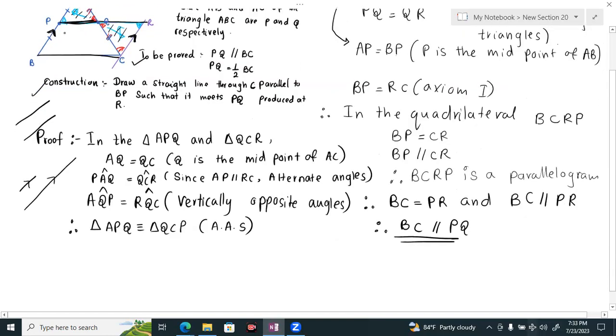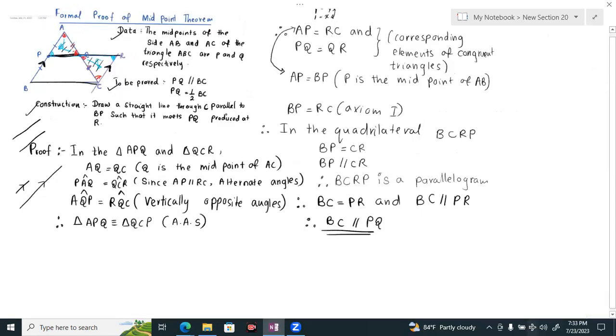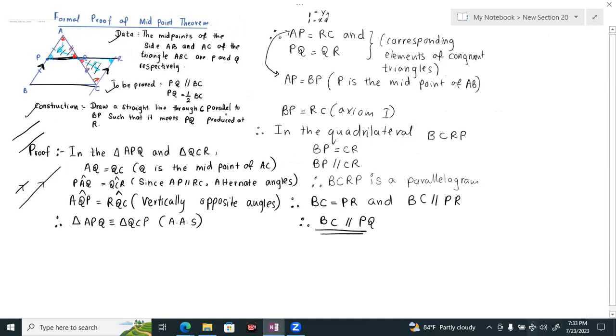ඊට පස්සේ දැන් මට ඕනේ I want to show that PQ is equals to half of BC කියලා. නේද? Then how we show this one? I can write that in the beginning I showed you that here PQ and QR are equal. Reason is corresponding elements of congruent triangles.